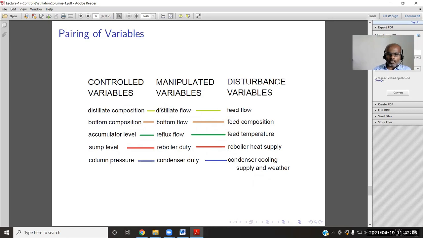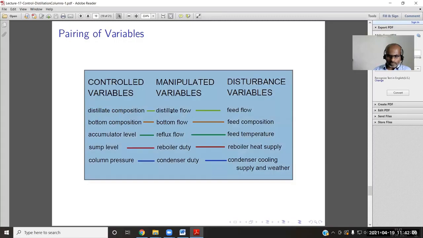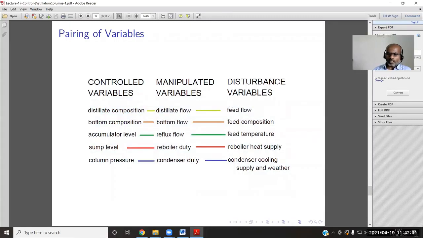Distillate composition, if it is the controlled variable, you can adjust the distillate flow rate, and the most common disturbance variable is the feed flow rate. For bottom composition, you can adjust the bottom flow, and feed composition again. Feed flow as well as feed composition both have the same effect.